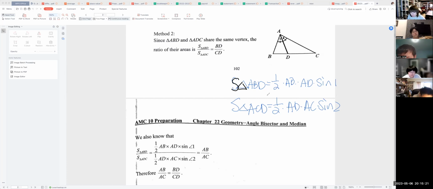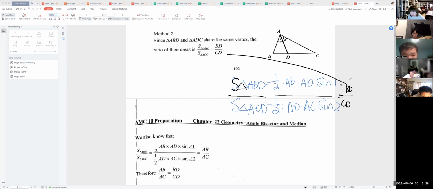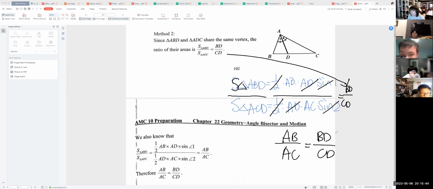Now we know this equals BD to CD from the earlier result, right? Side 1 and side 2 are the same because angle 1 and angle 2 equal each other. The half is gone, and AD and AD are gone. So that's why AB to AC exactly equals BD to CD.